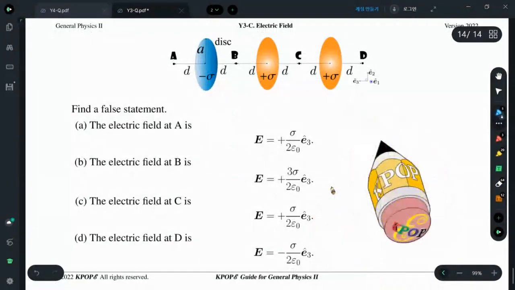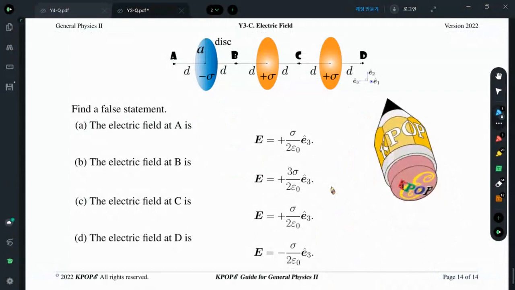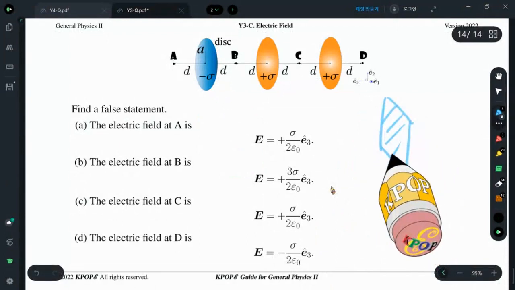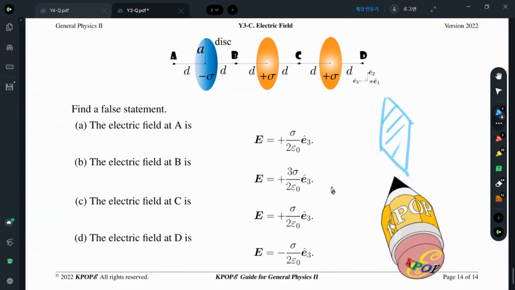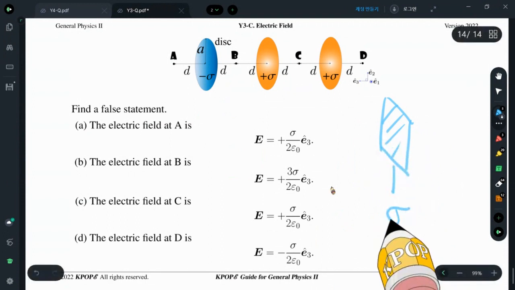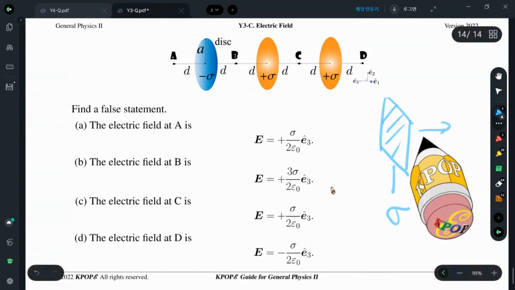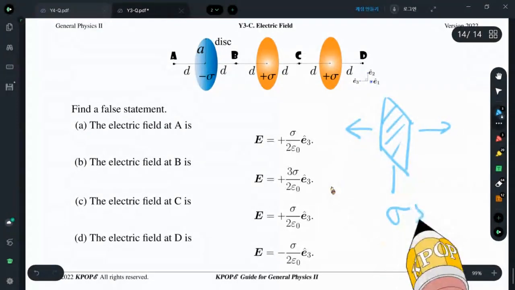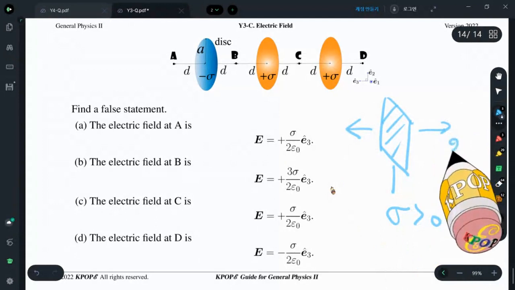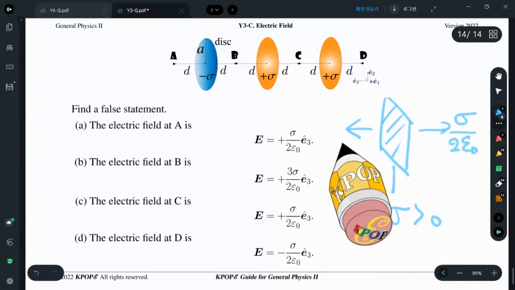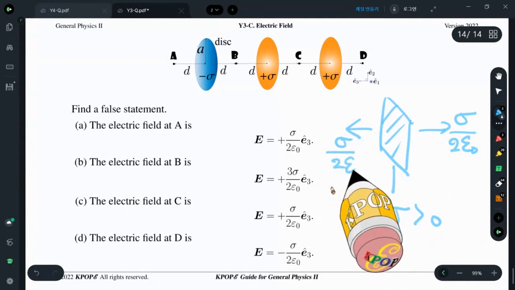This is a simple, repeated application of a parallel plate capacitor. If you make use of Gauss's law, if there is a surface charge density sigma, then the electric field diverges, if it is positive, with magnitude sigma over 2 epsilon 0.